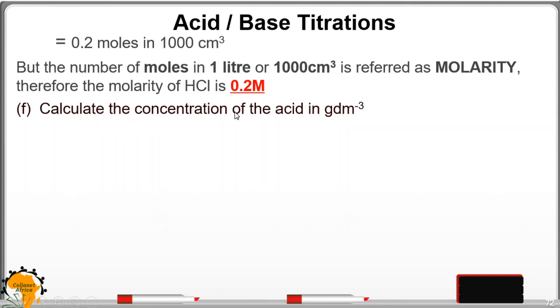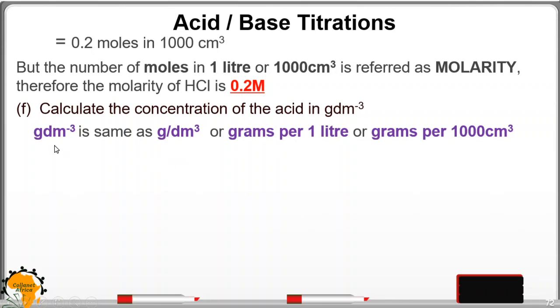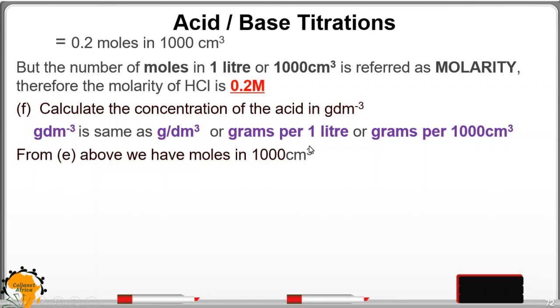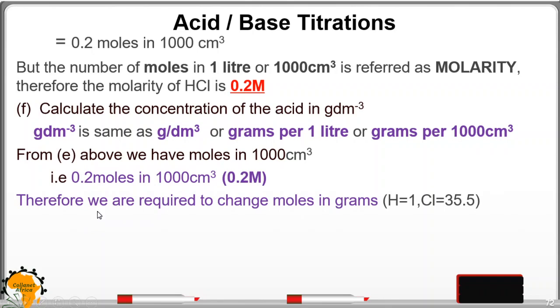F. Calculate the concentration of the acid in grams per decimeter cubed. So in decimeter cubed, which can also be written this way, it is grams per liter or grams per 1,000. From E above, we know 0.2 moles are there in 1,000, the meaning of 0.2 molarity. Therefore, we are required to change the number of moles into grams. So how do we do it?